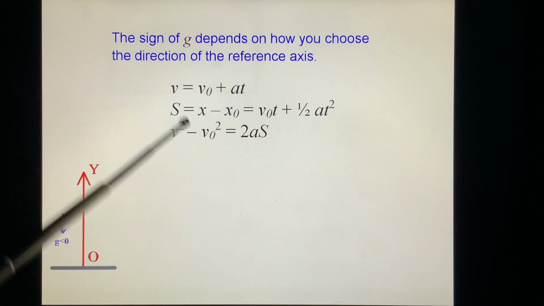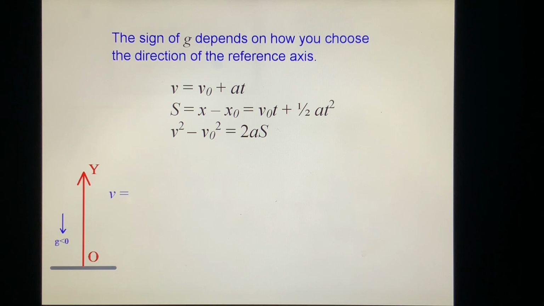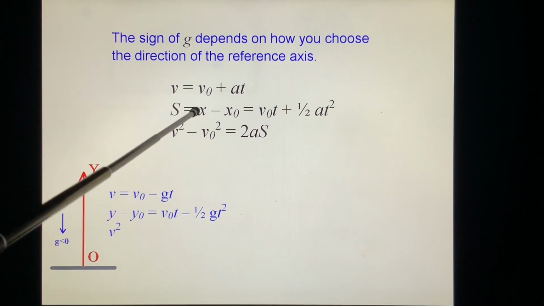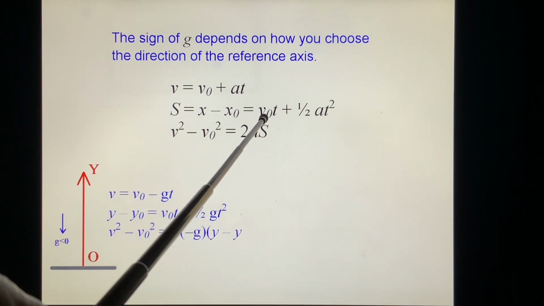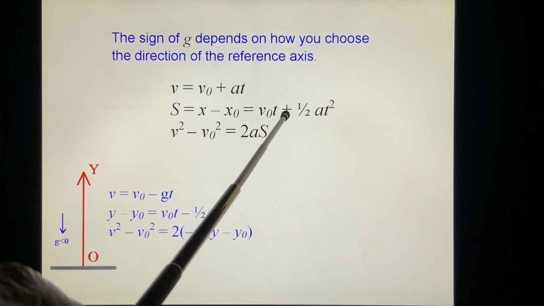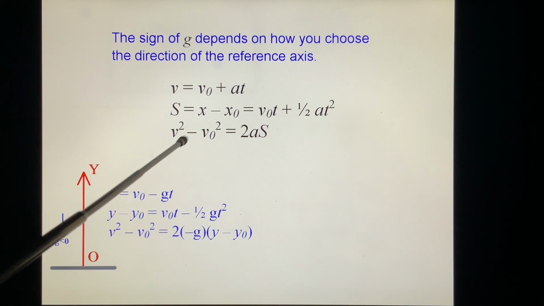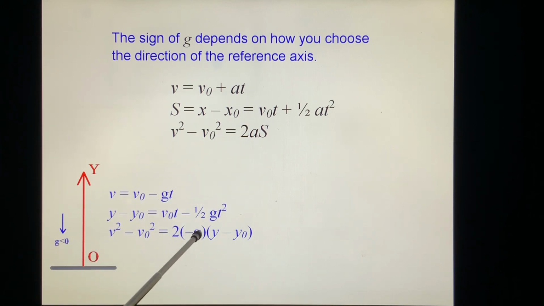So this set of formulas becomes, replace a with minus g. v equals 0 minus gt. y minus y0 equals v0t minus half gt squared. And v squared minus v0 squared equals minus 2gs.